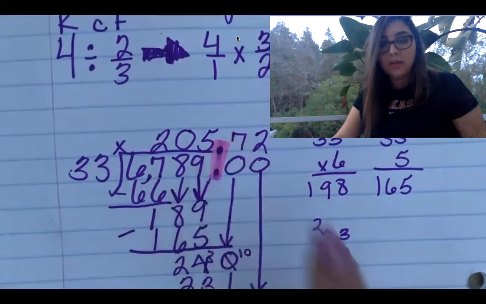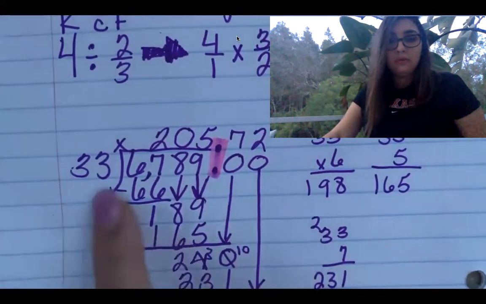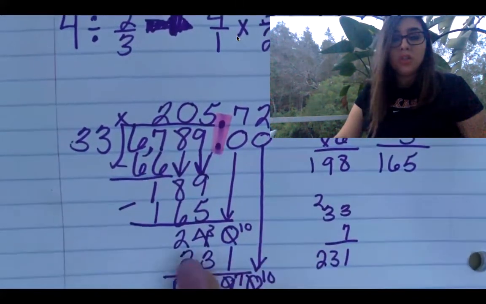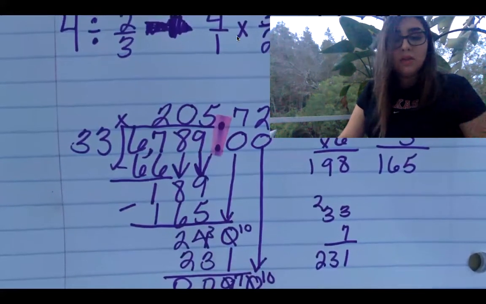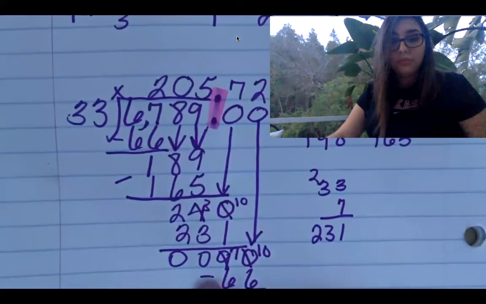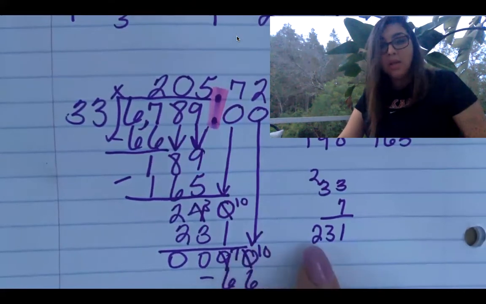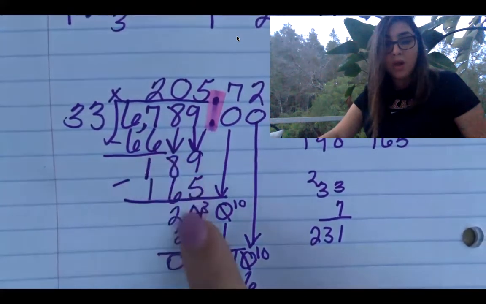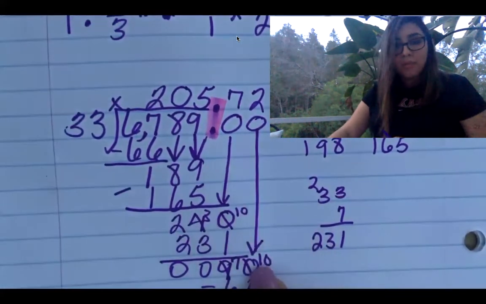And here I check my work. 33 times 7 gives me 231. And then there's my difference. My difference is 9. But wait a minute, there's no way 33 can go into 9. So I insert another 0 and I drop it down.